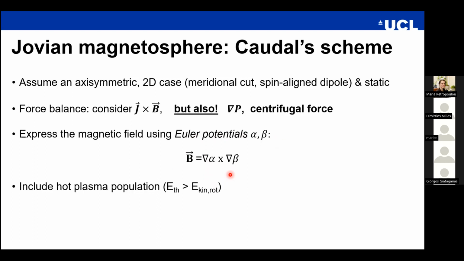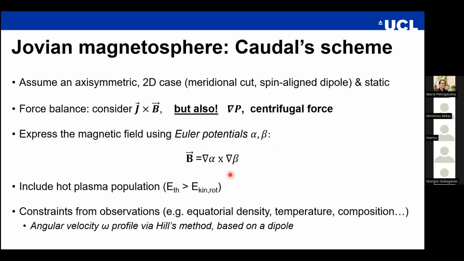Again, I remind you we have to take into account the hot plasma population in our system, and then to close up everything, you need some constraints from observation. Basically, the temperature, density of the plasma, the composition of the plasma on the equatorial plane, so you can start to do your iteration with a code and produce a model.